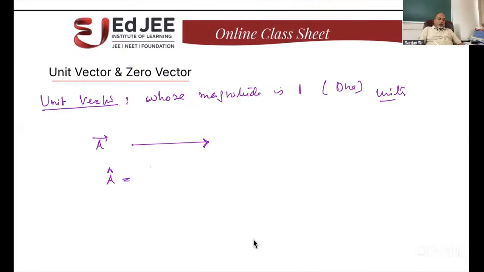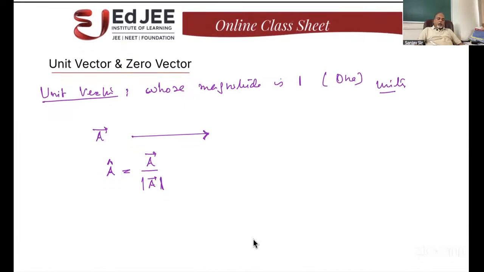This is basically your vector divided by its magnitude. So if you divide any vector by its magnitude, then it will give the unit vector.